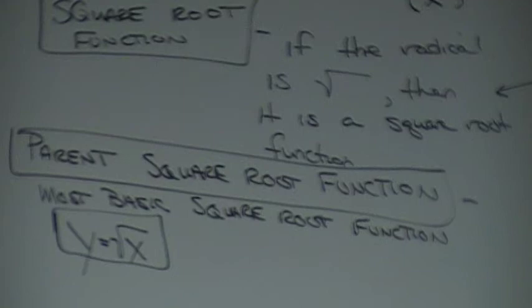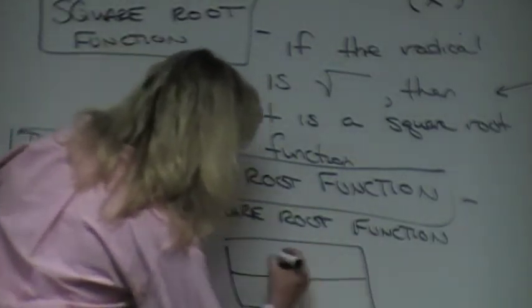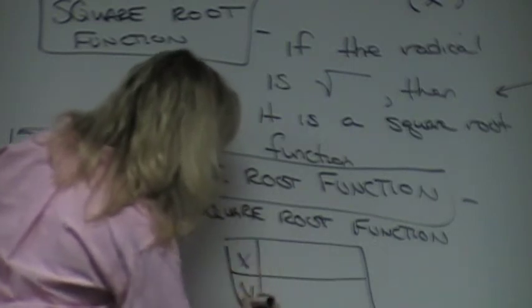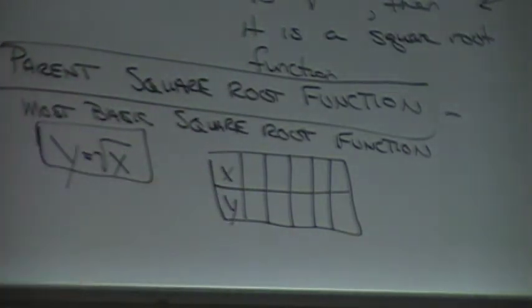Let's make a table for that, so you can understand what I mean by the domain. Okay, let's say I wanted to graph this function, this parent square root function. What would I do for a table? Guys, what number would I put in here for my first domain? 0, right.